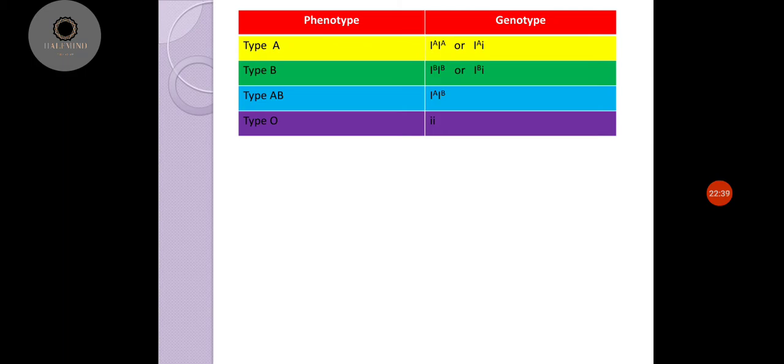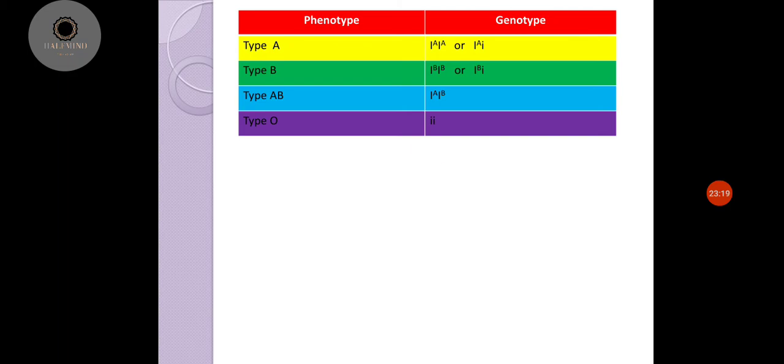And also si B, pwede siyang isulat into BB or BI lang na maliit. Si type AB, isa lang yung pwedeng isulat sa kanya. So ang tawag ko dito is homozygous A and then heterozygous A. Homozygous B, heterozygous B. So when we say homozygous, meaning both of the alleles are identical, meaning parehas lang yung dalawang allele. Okay? Si type O naman, yung maliliit na i, dalawa. Homozygous na O.